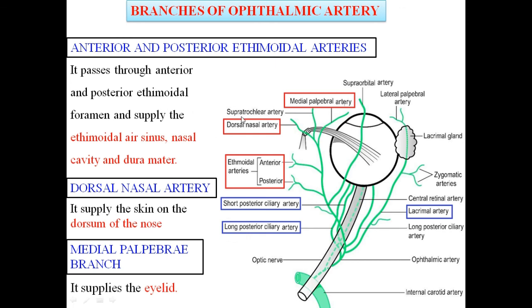And you can see one more artery, the dorsal nasal artery, along with the supratrochlear artery. It supplies the skin on the dorsum of the nose, and similarly the medial palpebral artery supplies the eyelid.